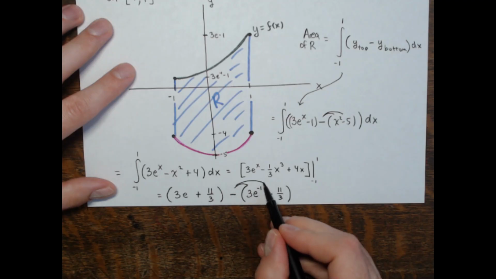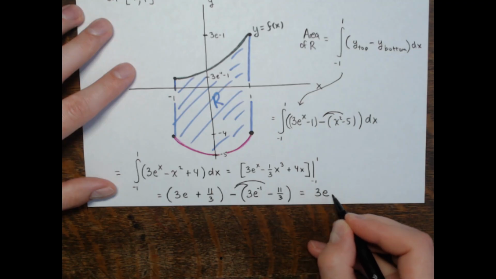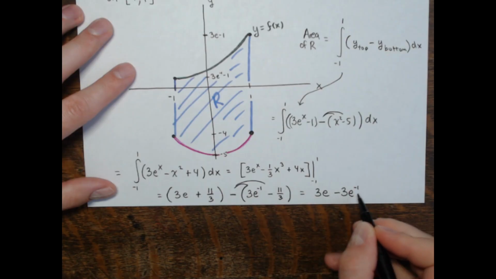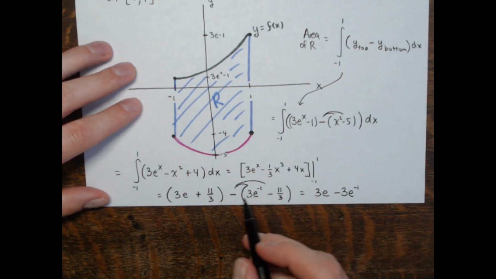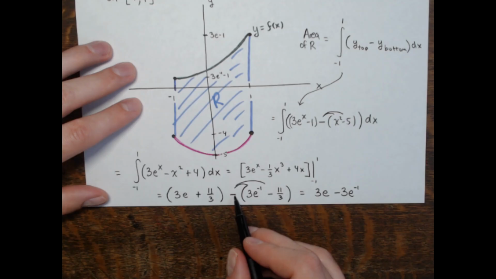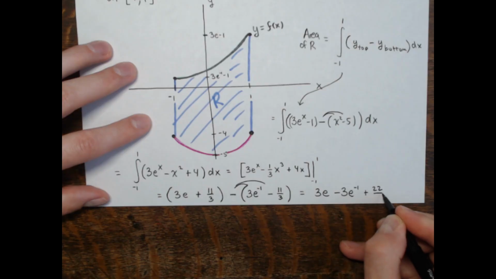And distribute the negative and combine some stuff. Now 3e, then minus, 3 times e to the -1, those don't go together. This is e to different powers. And then we have 11/3 here, plus another 11/3, so that'd be plus 22/3.